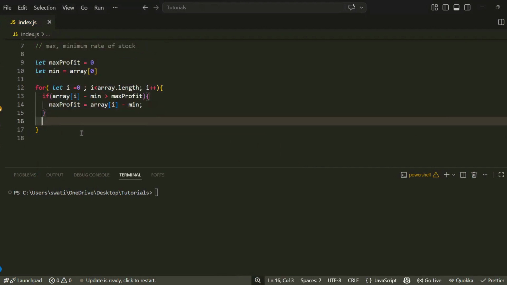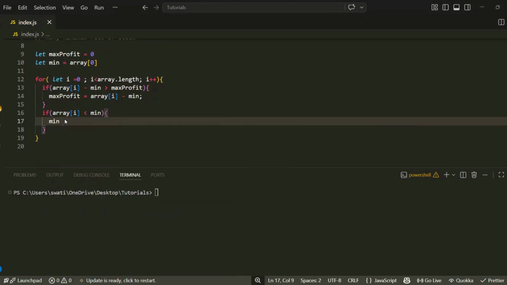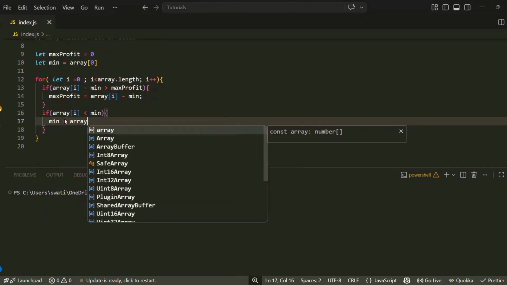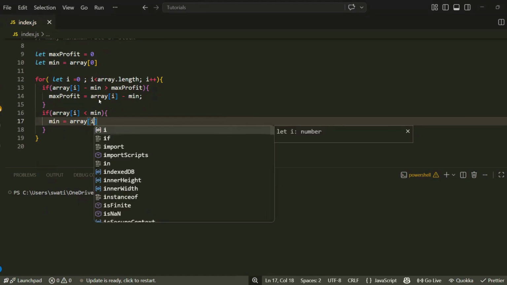This is one step. And the second step is that we are going to update the value of min also in some case. And that case is going to be if array of I is less than min, we are going to update the value of min. Okay.